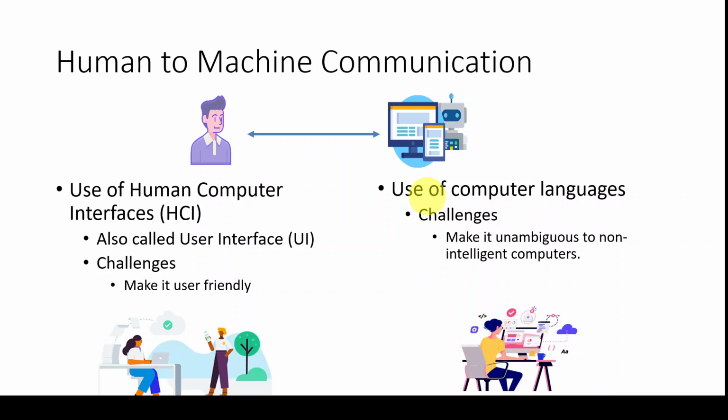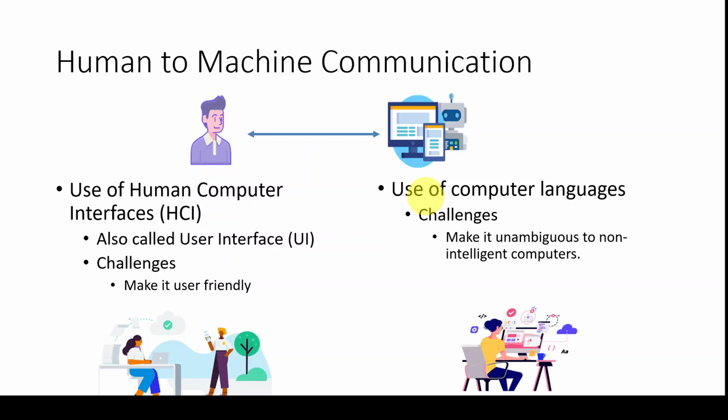For example, it can be a programming language like C++ or Java or Python, or it can be another type of computer language like a styling language, markup language, HTML, CSS, or a query language like SQL. They are all computer languages.